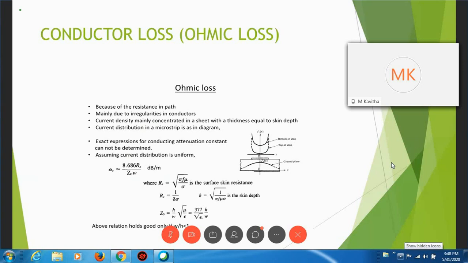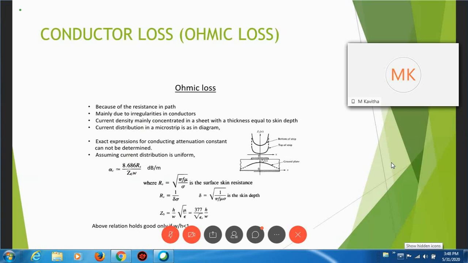So we need to give attention during fabrication and use a smooth-surfaced metal for the microstrip line. This diagram is a representation of the same: the length of the current path increases.